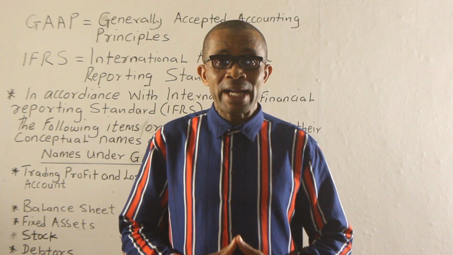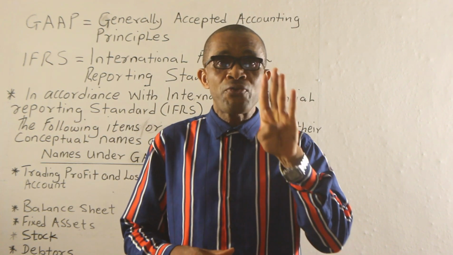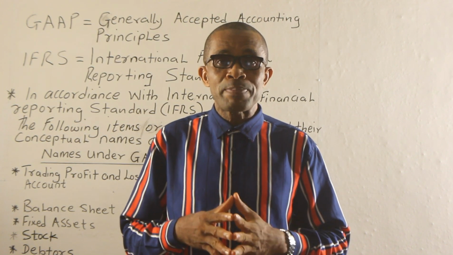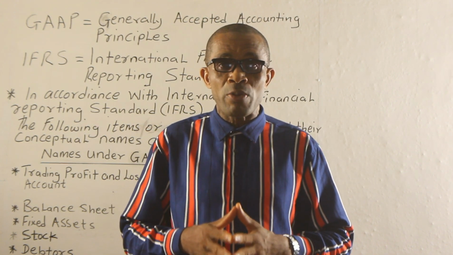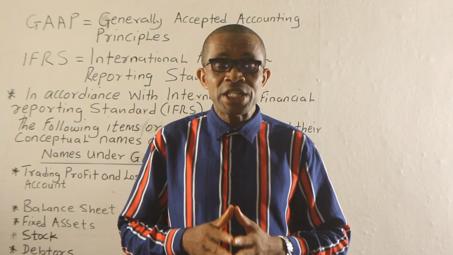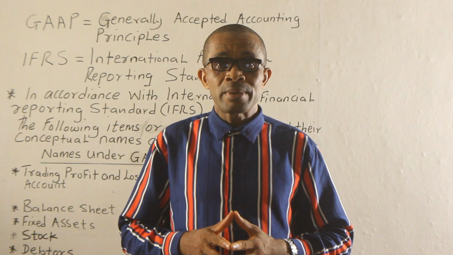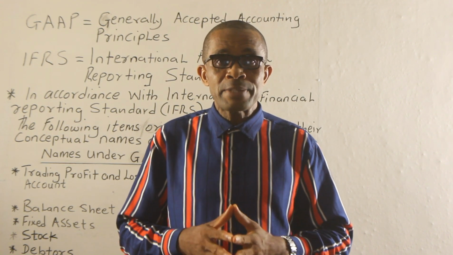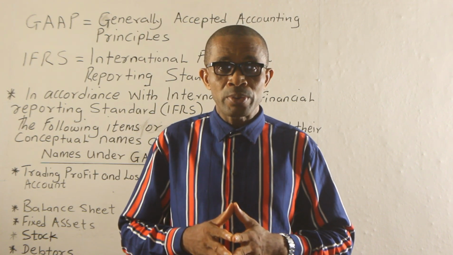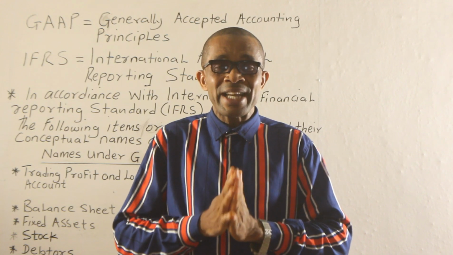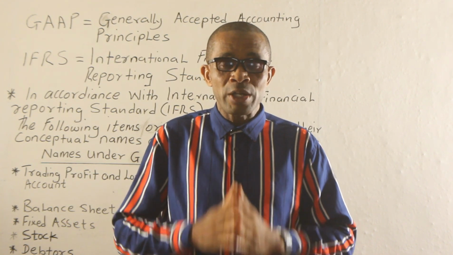So we have mentioned four basic areas: the income statement, which can be called the statement of profit or loss account and other comprehensive income; the statement of changes in equity; the statement of financial position; and the statement of cash flow. These four basic areas will be treated extensively as we progress.